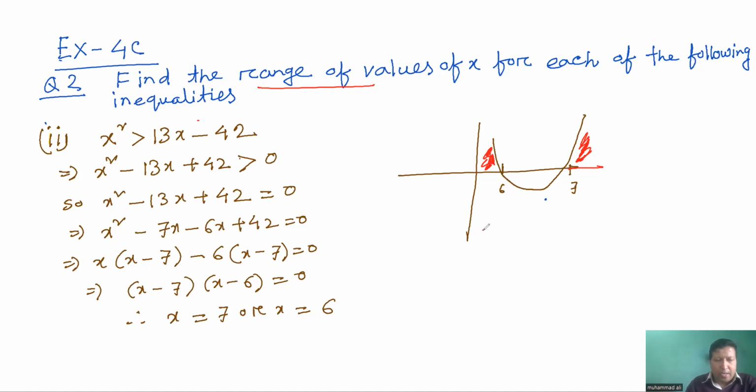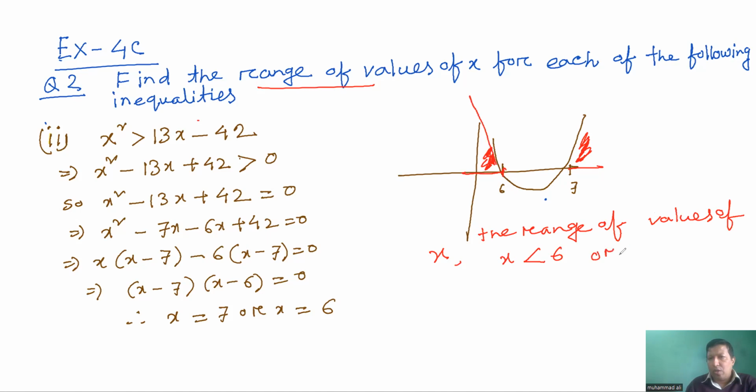So we write the range of values of x: x less than 6, because when x is less than 6 the curve is above the x-axis, or x greater than 7. When x is greater than 7, the curve is above the x-axis. Okay, so Roman 2 is completed.